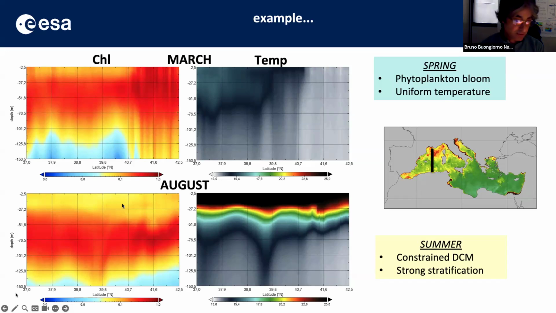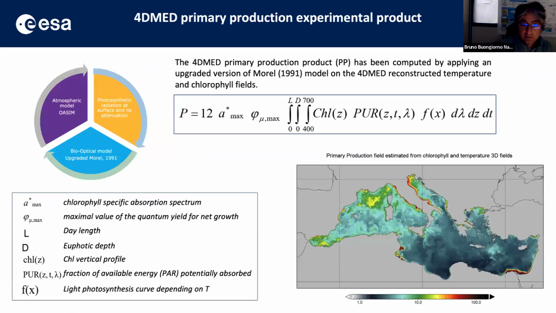only observe the first meters, down to the first optical depth, so it's a few meters. And yeah, so that's what we did in terms of algorithms. As I told you, these chlorophyll and temperature data have also been used to estimate primary production.